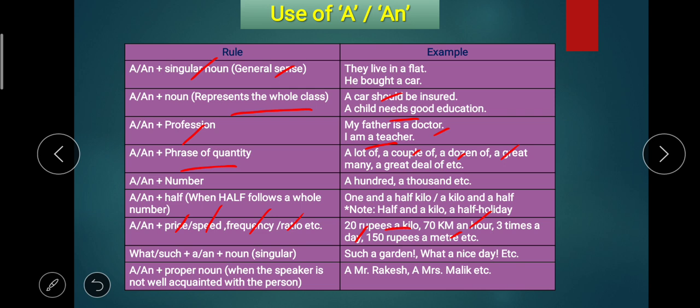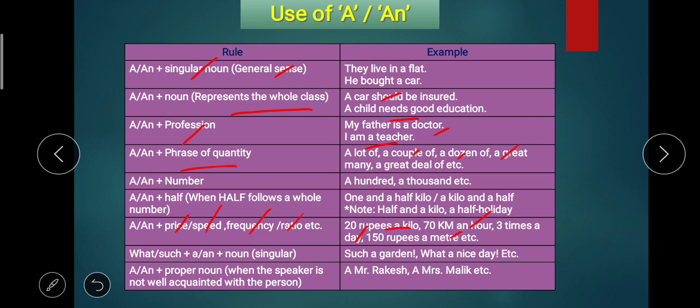Coming to next is, with a proper noun, when the speaker is not well acquainted with the person. By the way, proper nouns do not take any article, which means we use zero article before proper nouns. But there is one case when we have to use either a or an. When the speaker knows only the name of the person he is talking about, he doesn't know anything else.